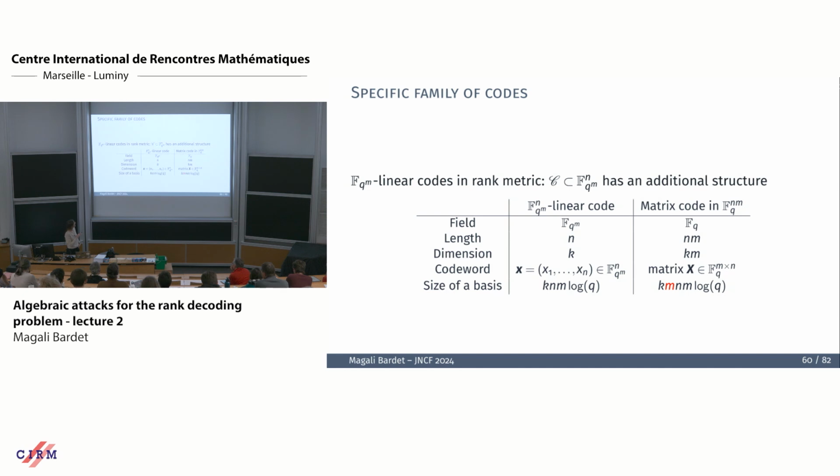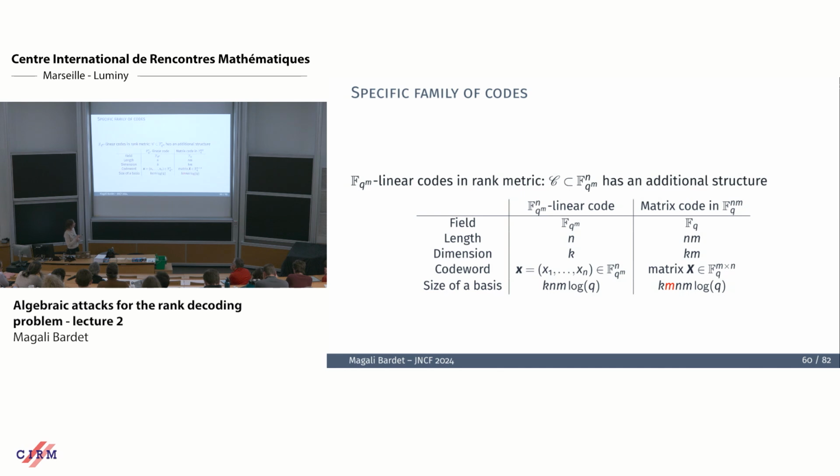The length and dimension here are n and k, and if you want to describe the same amount of data in the matrix setting, then the length will be n times m, and the dimension will be k times m.